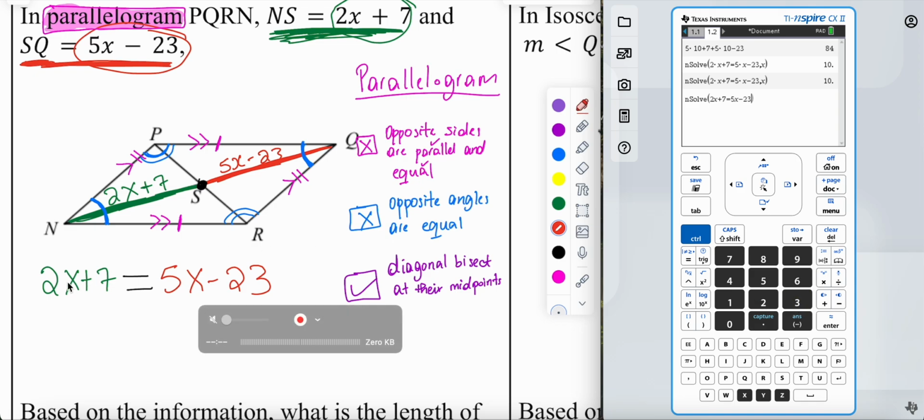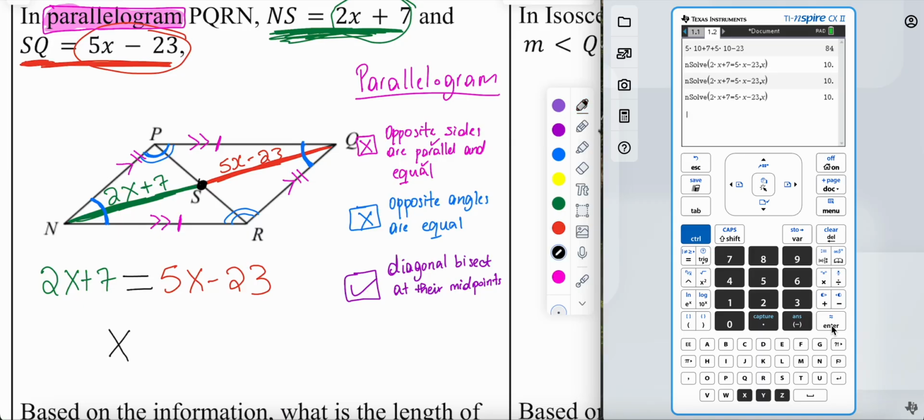When you're finished with your equation, you must always remember to put a comma and whatever the letter is. In this case, our letter is x. So we put x and then hit enter. Your value for x is going to be equal to 10. So x is equal to 10.